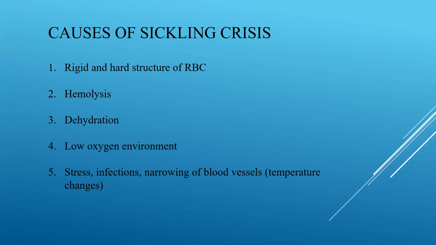Third is dehydration, decreasing the vascular volume and increasing sickling. Fourth, a low oxygen environment; like we said before, deoxygenation causes polymerization. And fifth, stress, infections, narrowing of the blood vessels, such as constriction, and temperature changes.